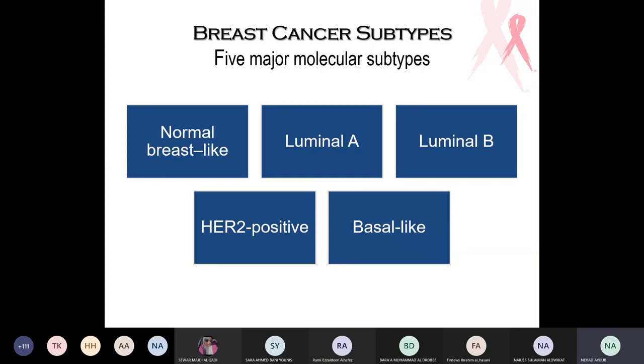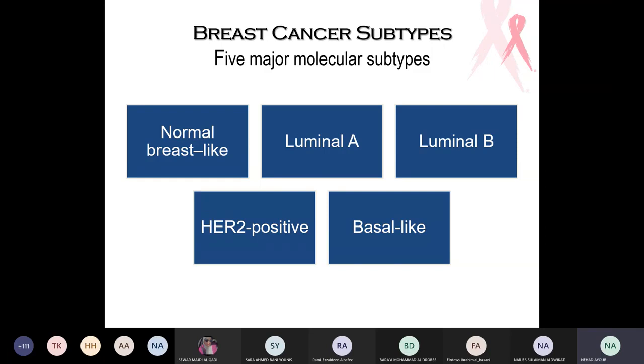We have at least five different molecular subtypes of breast cancer. So to treat a breast cancer patient for her carcinoma, I must know the molecular subtype. The type of breast cancer is very important. The molecular subtype depends on the expression of three target receptors: the estrogen receptor, the progesterone receptor, and the HER2 receptor.